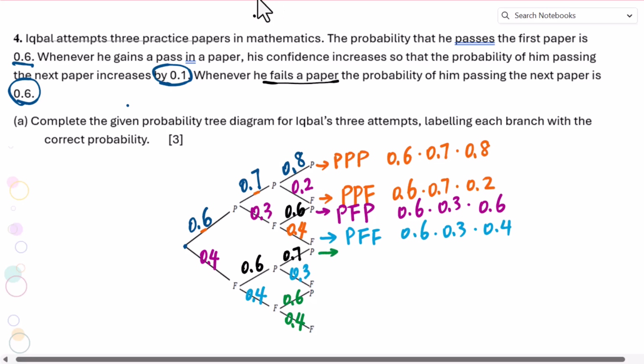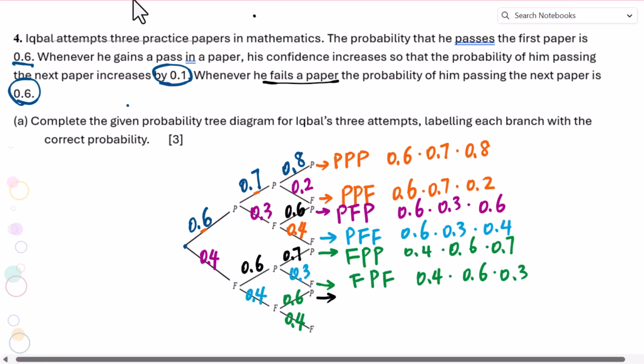This path, FPP. 0.4 times 0.6 times 0.7. This path, FPF. 0.4 times 0.6 times 0.3.